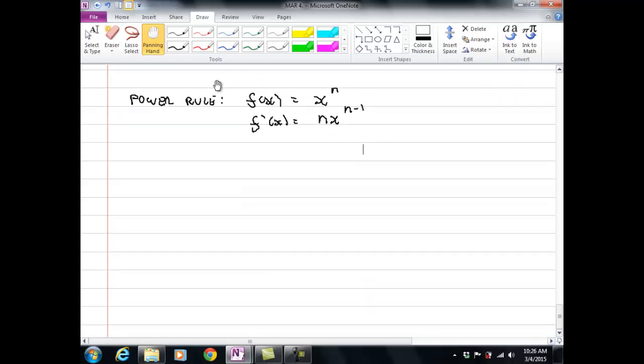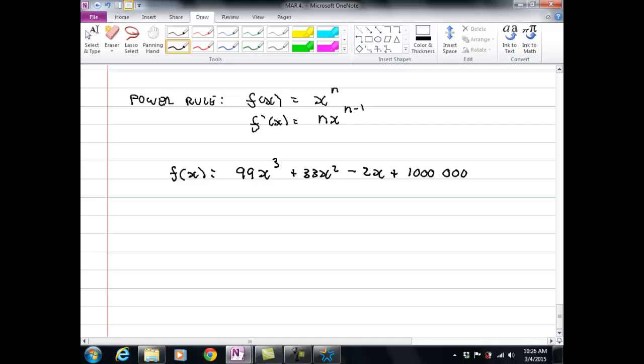Try this one. F of x equals, in your original challenge, I gave you 99x cubed plus 33x squared minus 2x plus 1 million. Now some of you say, that looks complicated.